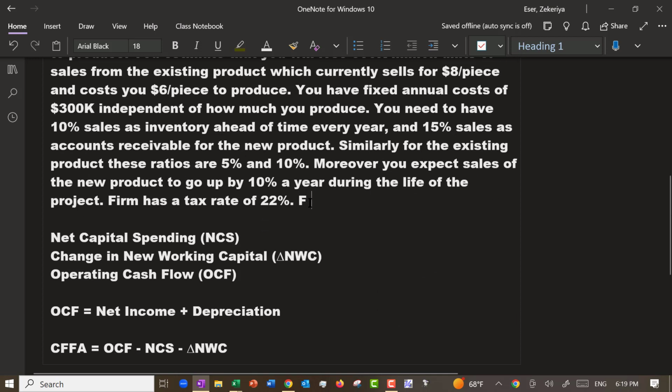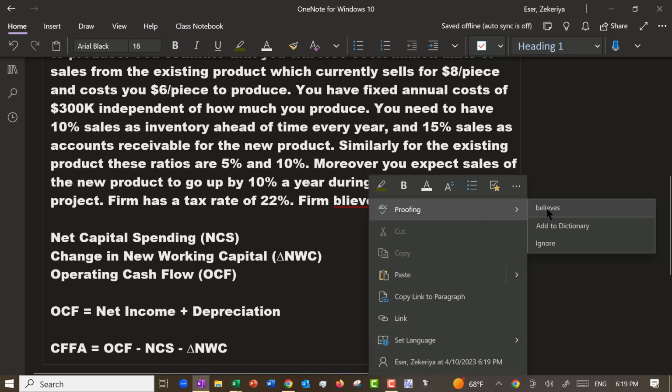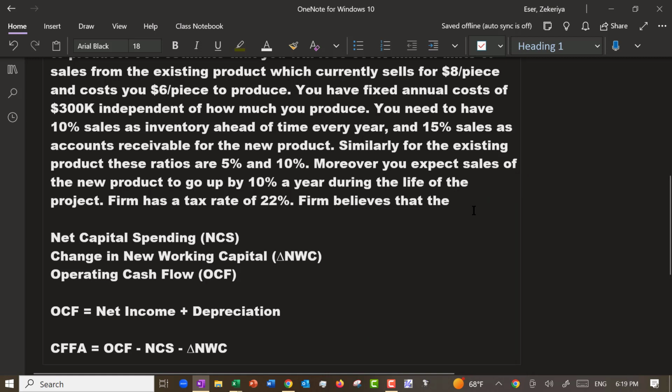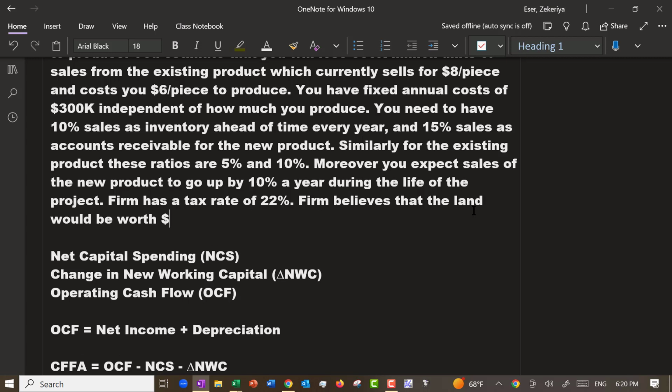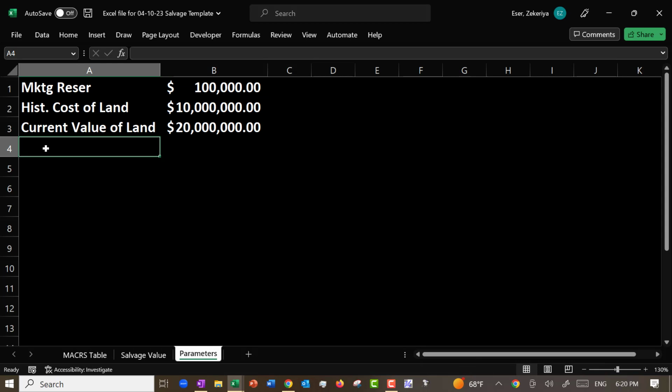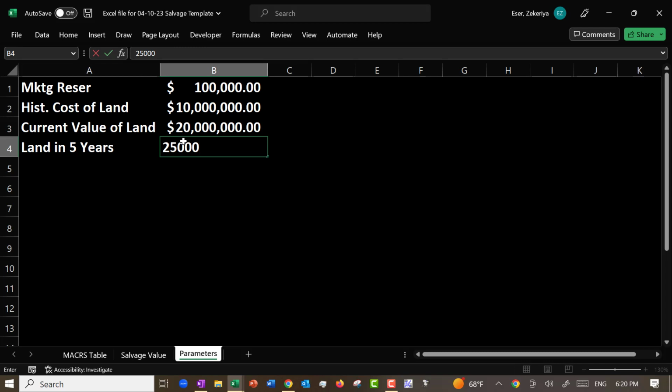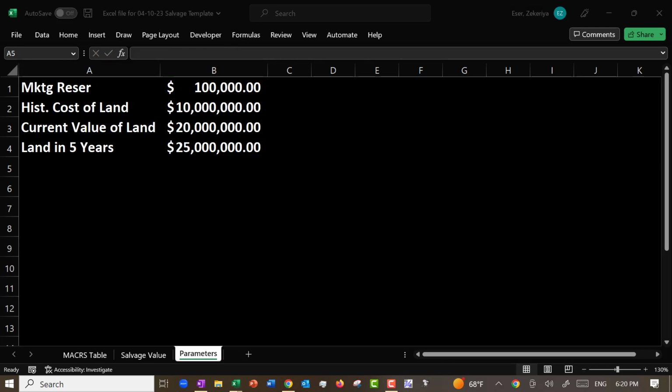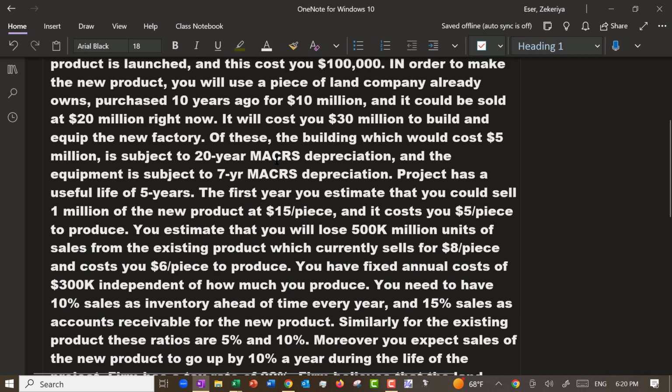Firm believes that the land would be worth 25 million in 5 years. Land in 5 years. Okay.